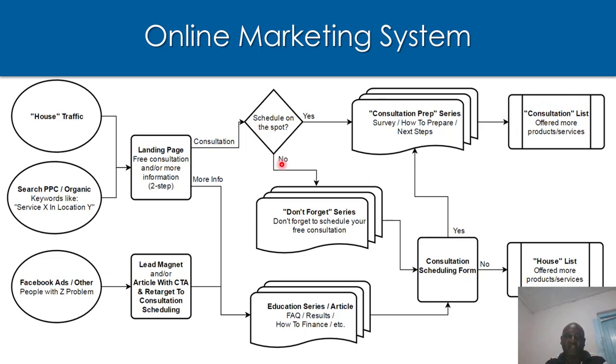If they don't schedule the consultation from your landing page, you take them to a series of other emails. Remember, at the first encounter, you need to capture the email addresses. You've captured the email addresses or contacts, or maybe through Facebook chats, and now you have a series of communications, maybe emails that continue to contact them on a frequent basis.